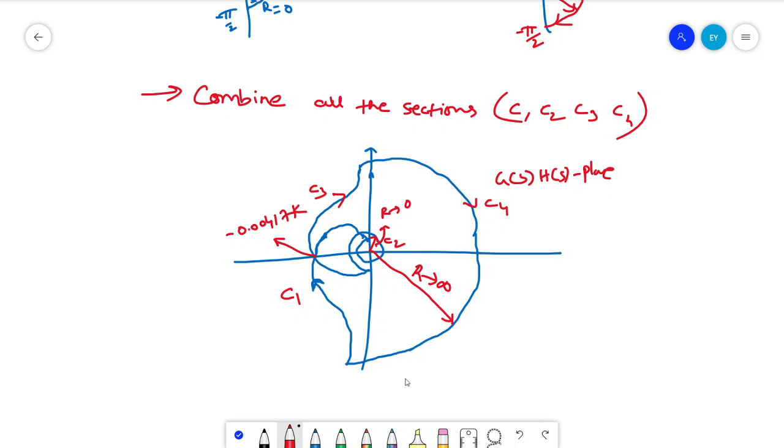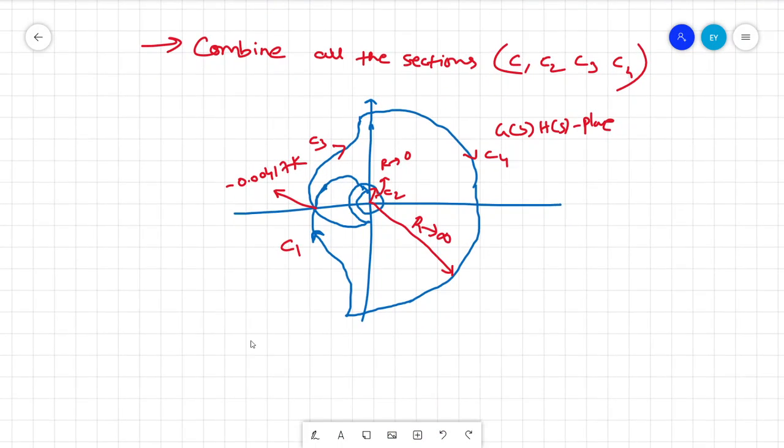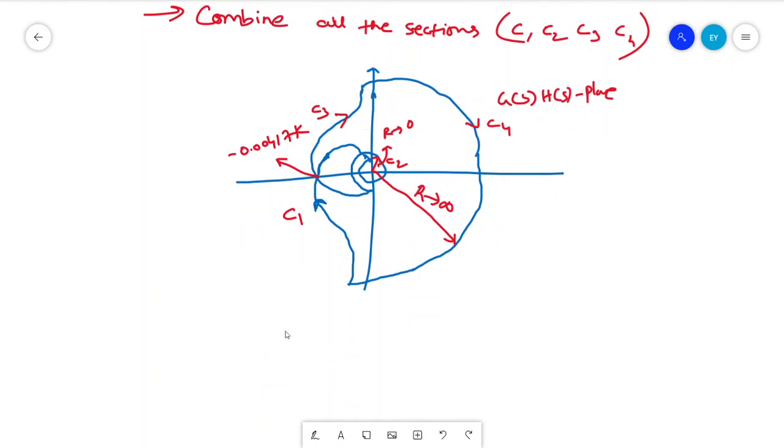This is the Nyquist plot. As I mentioned in the previous class, if you are considering the G of S and H of S plane, the critical point for encirclement will be minus 1 plus J0. So let us consider this point as minus 1 plus J0. We can consider the system stability based on that point, right?